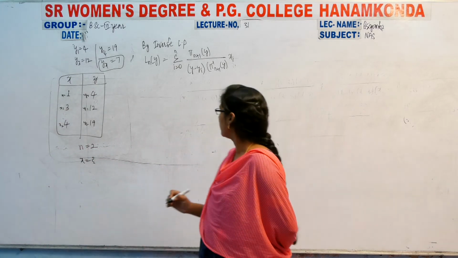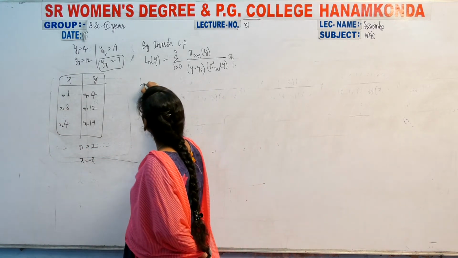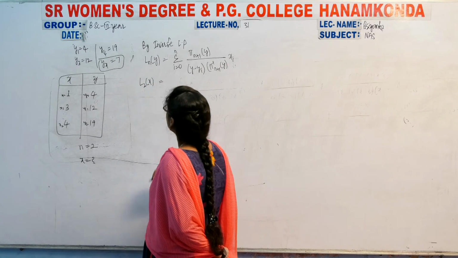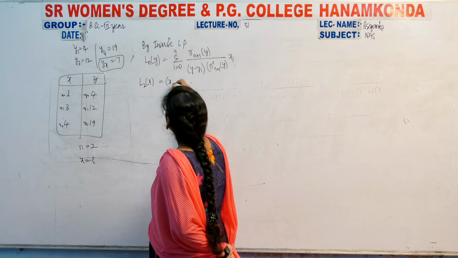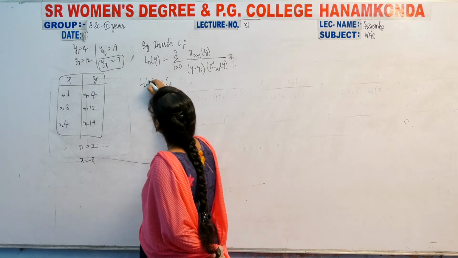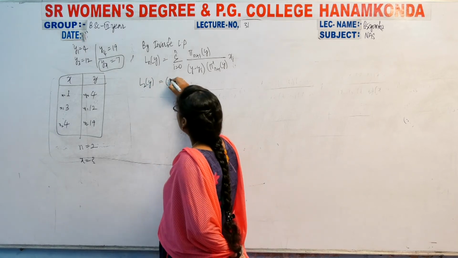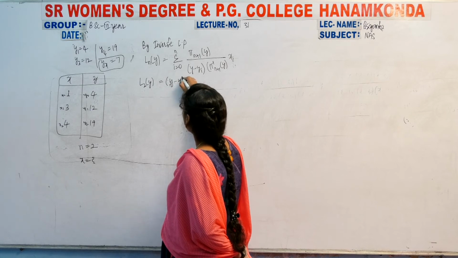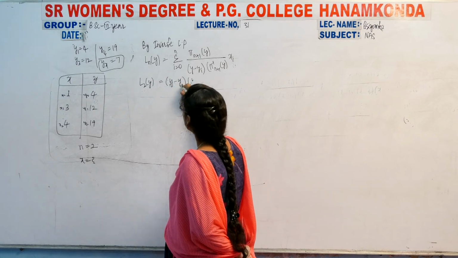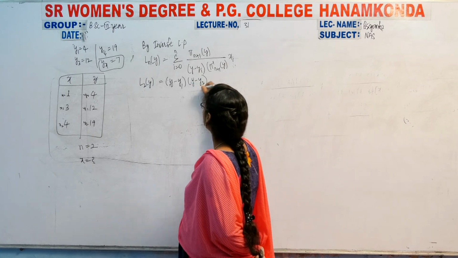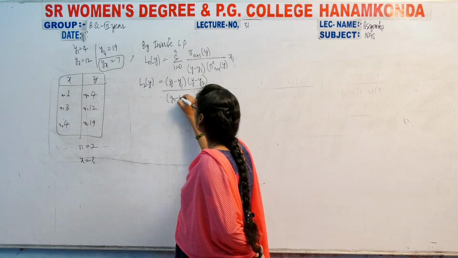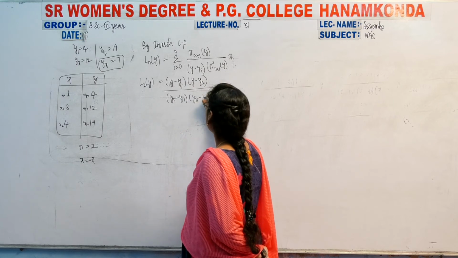Okay. Next, L2 of x is equal to: first we have to ignore x naught, so here it is reverse. Now y minus y1, because we have to ignore y naught, y minus y2 by y naught minus y1, y naught minus y2.